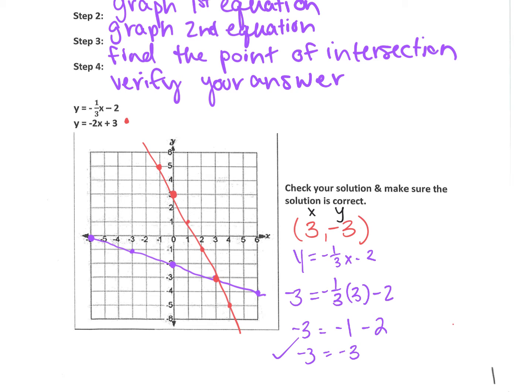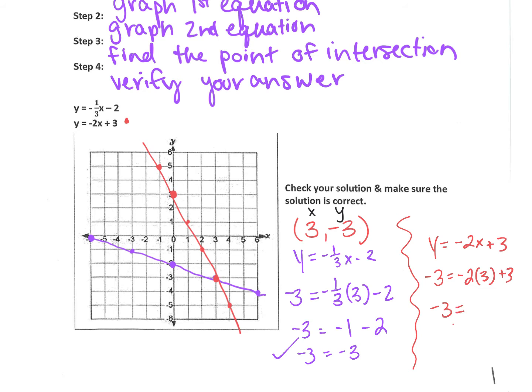Well, there we go. That one works. Now we have to check the other one. Our equation was y equals negative 2x plus 3. Now we're going to say our y is negative 3 equals negative 2 times our x of 3 plus 3.